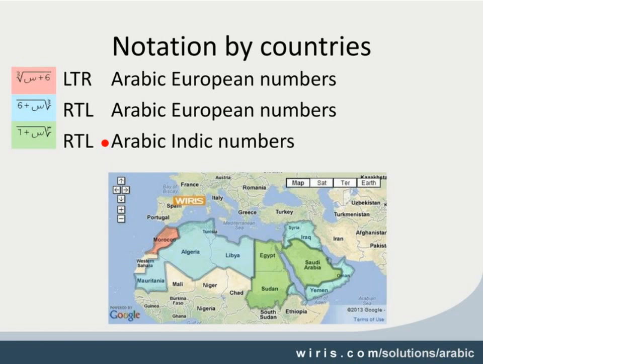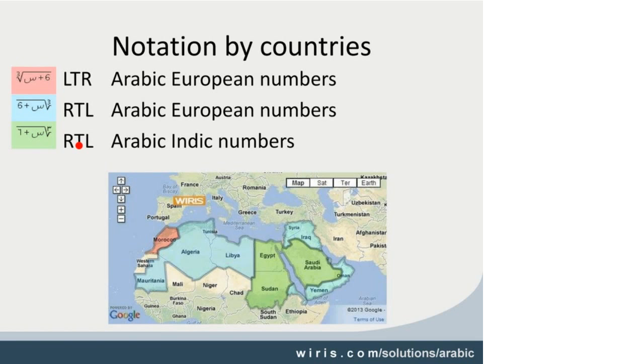And finally, for the most special ones, including Saudi Arabia, Egypt, and Sudan, they tend to use right to left notation, but also Arabic indic numbers. So we see here the 6 and 3 as an example.